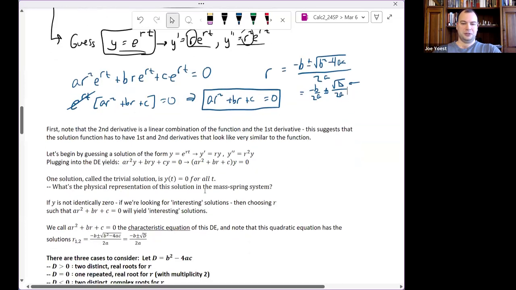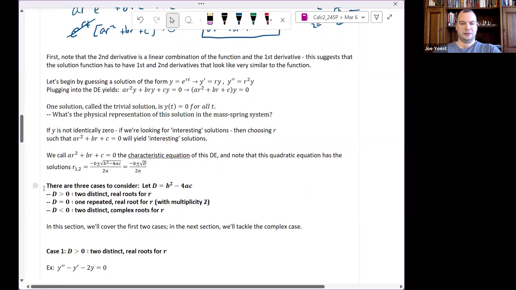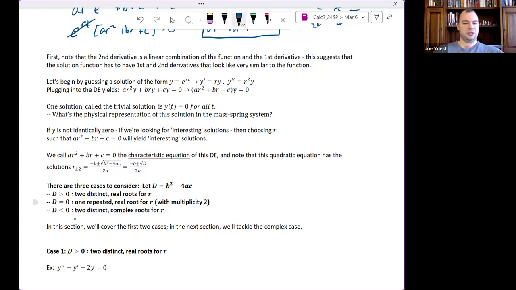So what are my solutions to R going to look like? I have 3 cases for my roots of my quadratic equation based on the discriminant. If the discriminant's positive, the thing under the square root is positive, then I end up with 2 distinct real roots.